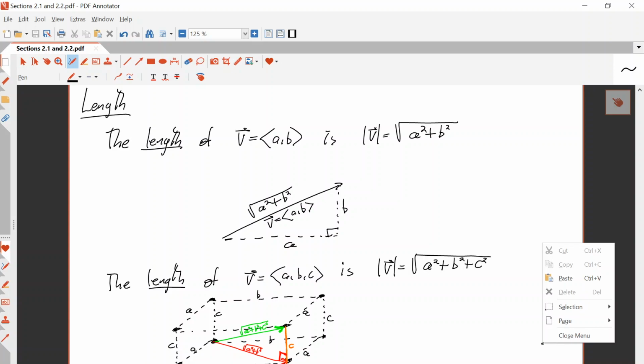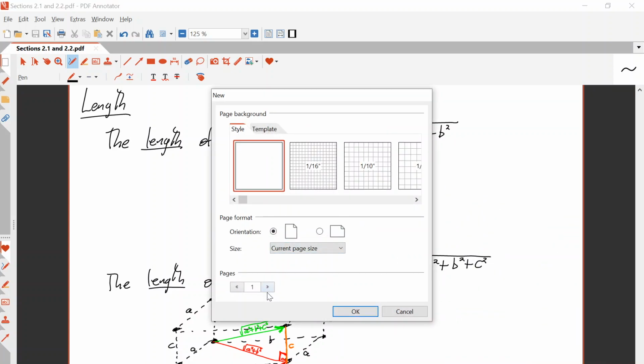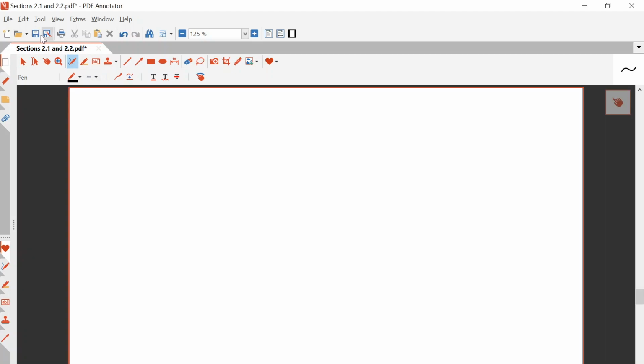Okay. So now let's look at this operation called scalar multiplication.